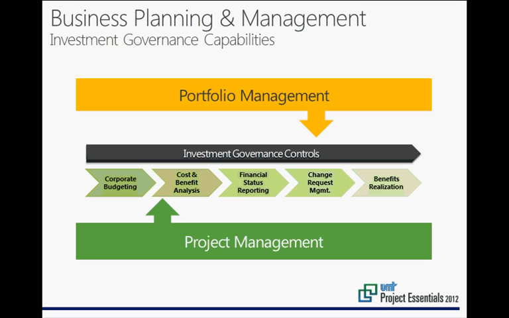Having understood which projects you're going to fund for an upcoming planning period, you in turn can then move into execution and rely on financial status reporting capabilities, the ability to effectively monitor financials at different levels within your organization, project levels, program levels, back at the portfolio level itself.